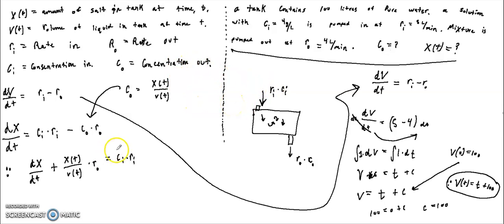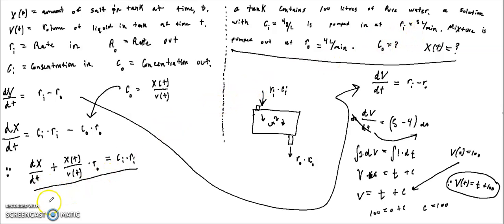So now, as we move on, I'm going to start plugging some stuff into this master equation, which is how we're going to find x of t. And note that you need x of t to find the concentration out. So we have v of t, we have Ro, we have Ci, we have Ri.